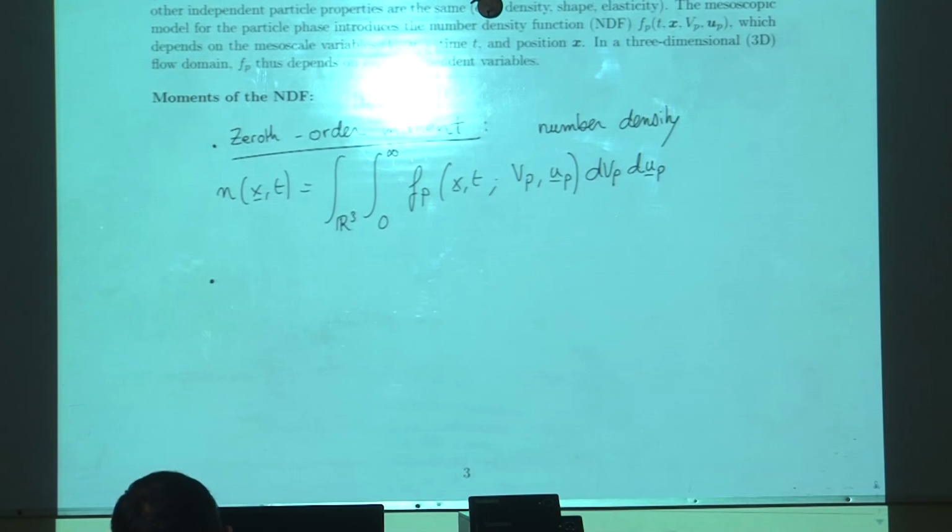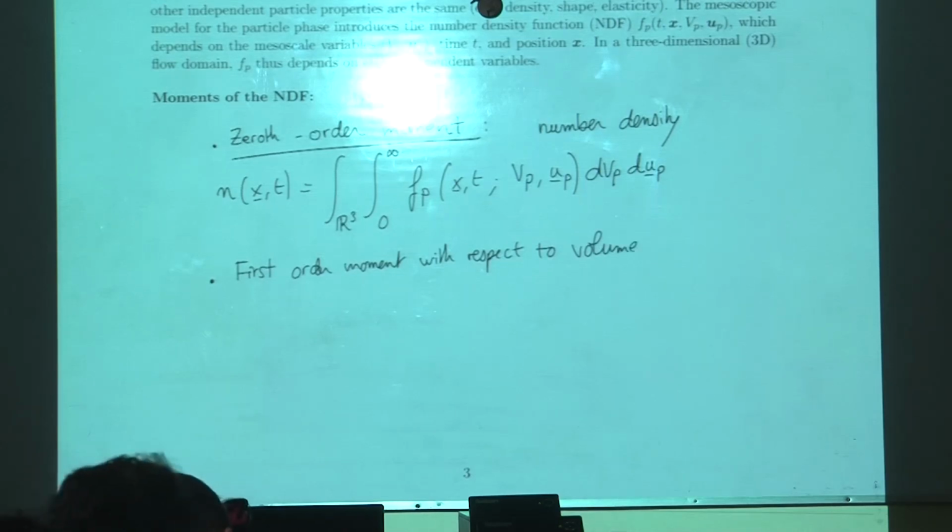Now, if you're interested in the volume occupied by the particles, you're going to need to take a first order moment with respect to the volume. And that will take you back to volume fraction.